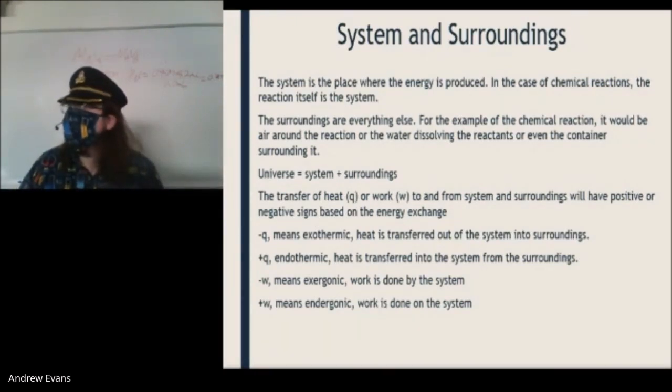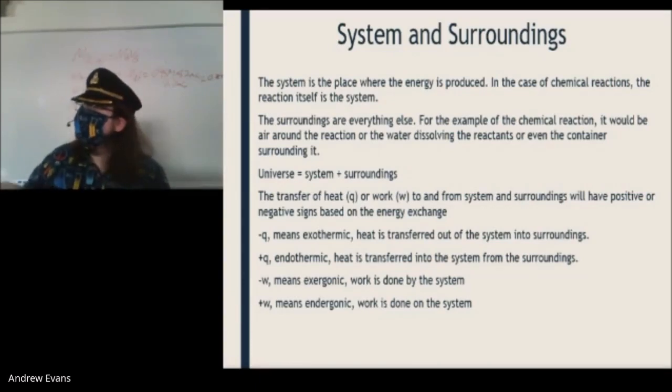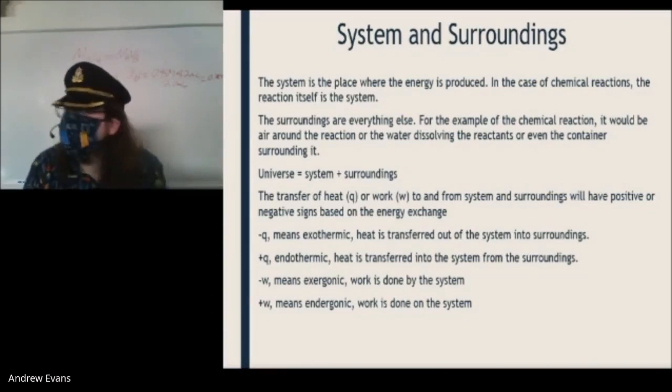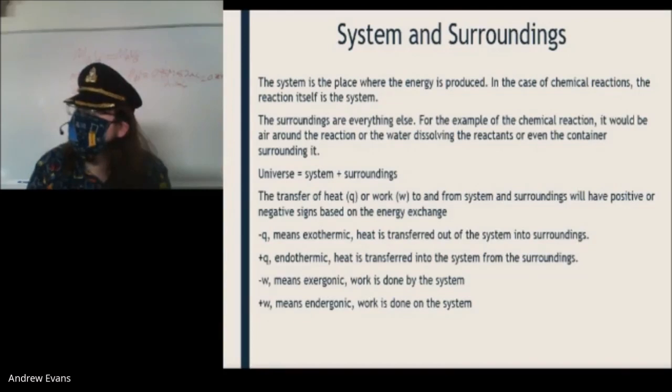And after heat radiating off my body, 200 joules of heat leave. They go into the cold air around me. I've gone from 500 joules to 300 joules. I've seen a decrease in energy of 200 joules. When energy is released out of me, I see negative heat. So negative Q of 200 J. When you have negative Q, it means it's exothermic.